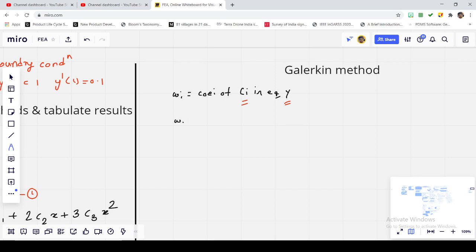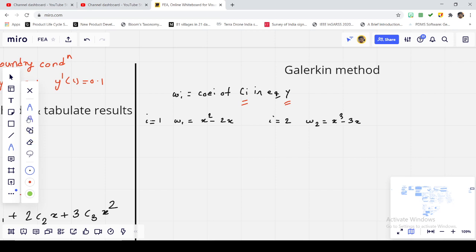So when i is equal to 1, w1 is equal to coefficient of c2, which is x square minus 2x, and when i is equal to 2, w2 will be x cube minus 3x, which is the coefficient of c3.